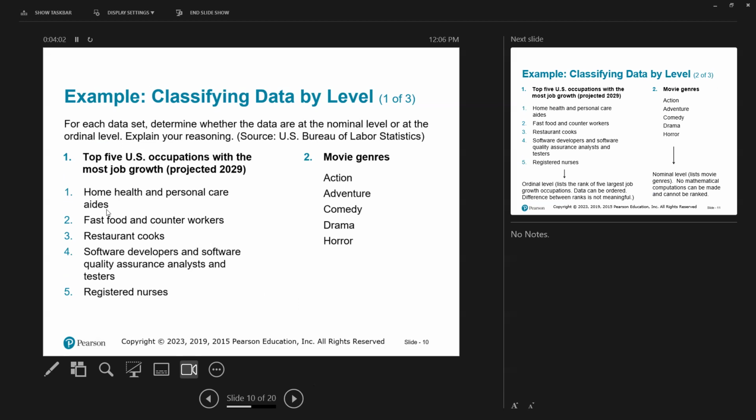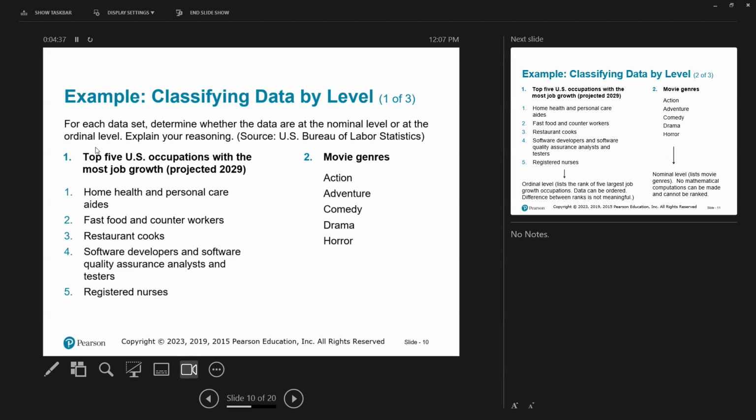And these are the 5 US occupations: home health and personal care aides, fast food and counter workers, restaurant cooks, software developers and software quality assurance analysts and testers, and registered nurses. So when I look at them, these are just some of the occupations, and they do not involve any number. They're all qualitative data, right? So is this nominal data or ordinal level data?